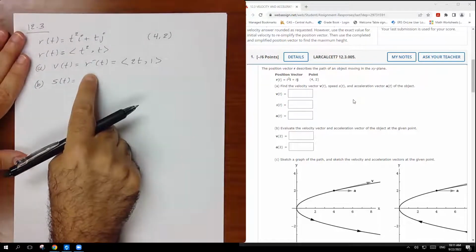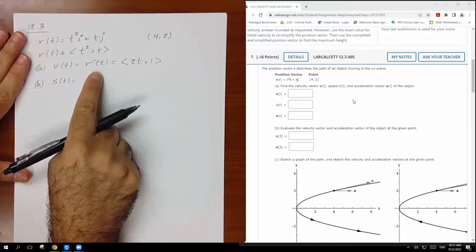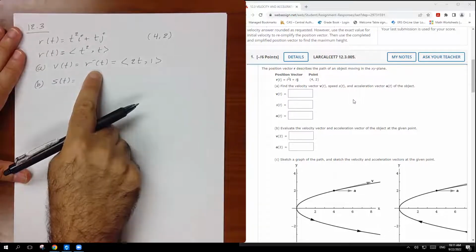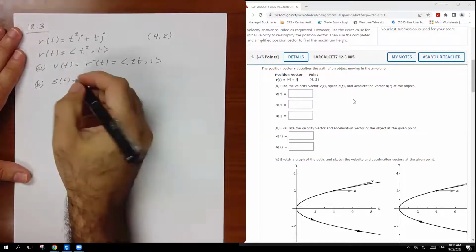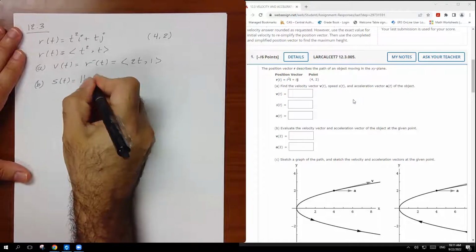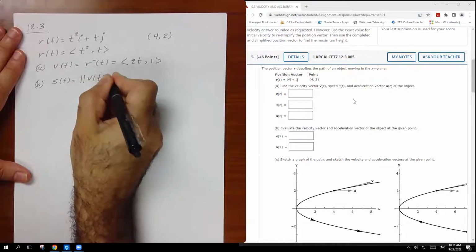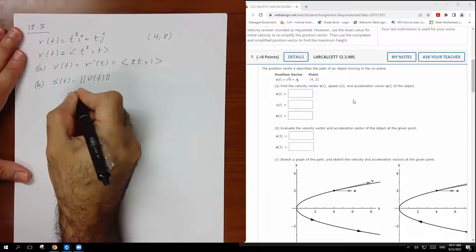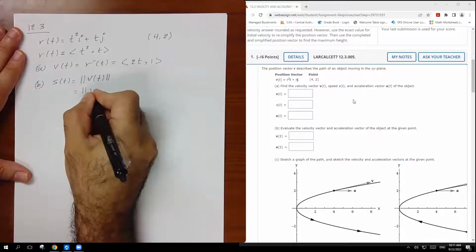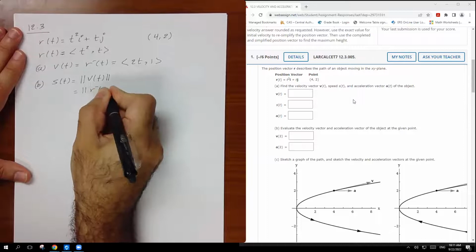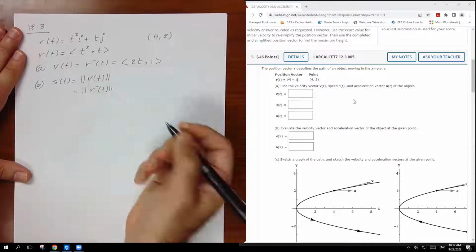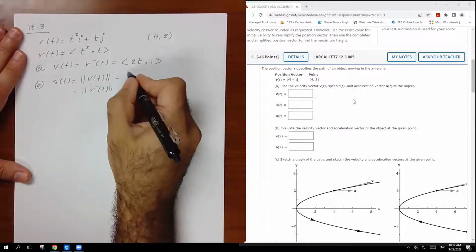The speed is going to be the length of the velocity, which is the derivative, this one. So it's going to be the length of v over t, or it's the same thing, the length of the derivative. Both are right, which means equal.